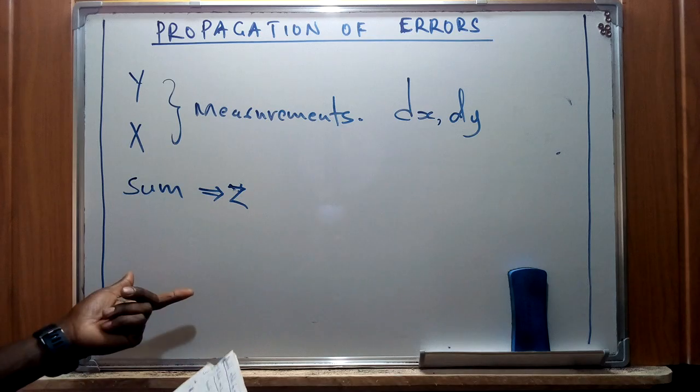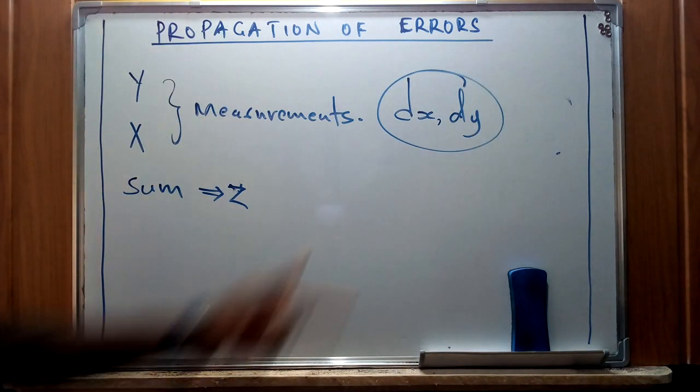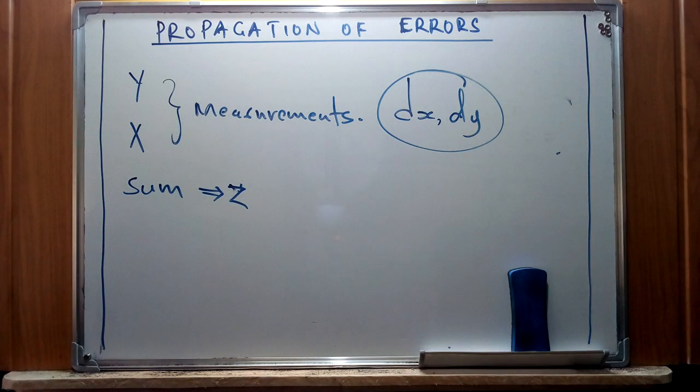Therefore, the combined effect is going to display a characteristic that has an expression containing those two specific errors.